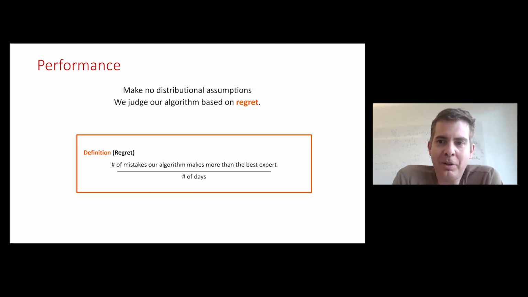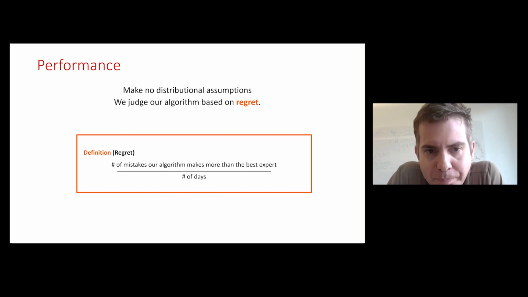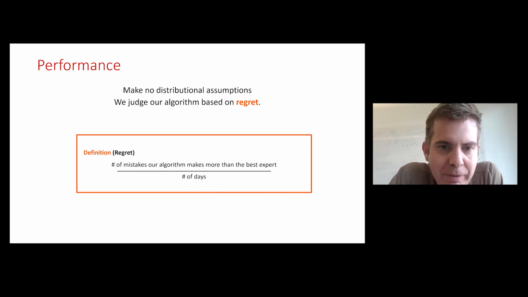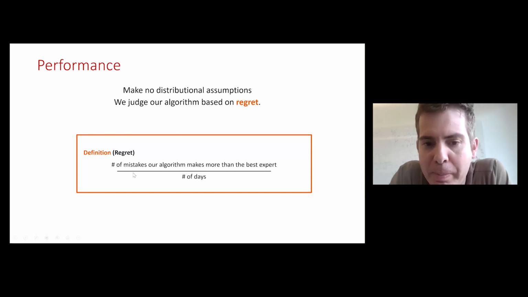And we want to measure the performance of an algorithm for this problem. It's trying to make these predictions. And we're not going to make any distributional assumptions on the experts or outcomes. The way we're going to measure performance is by using the standard notion of regret. So the regret here, this definition, is just the number of mistakes our algorithm makes more than that of the best expert.